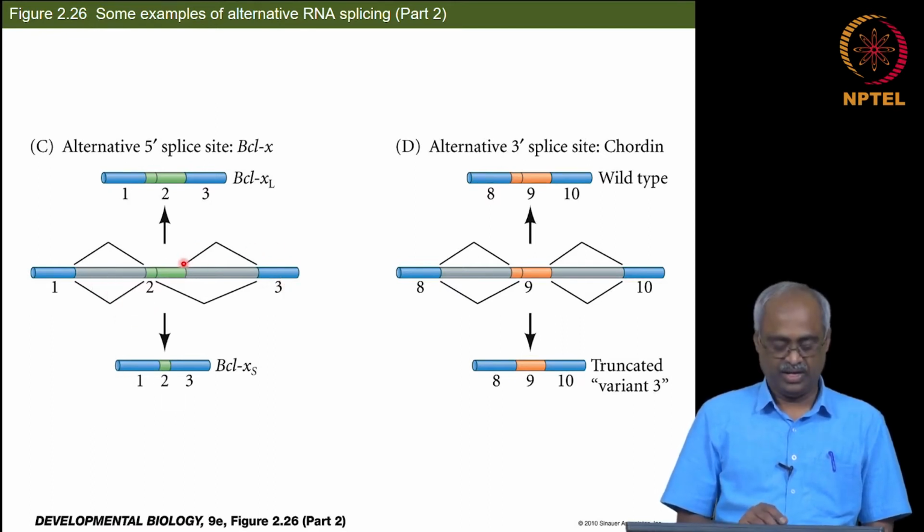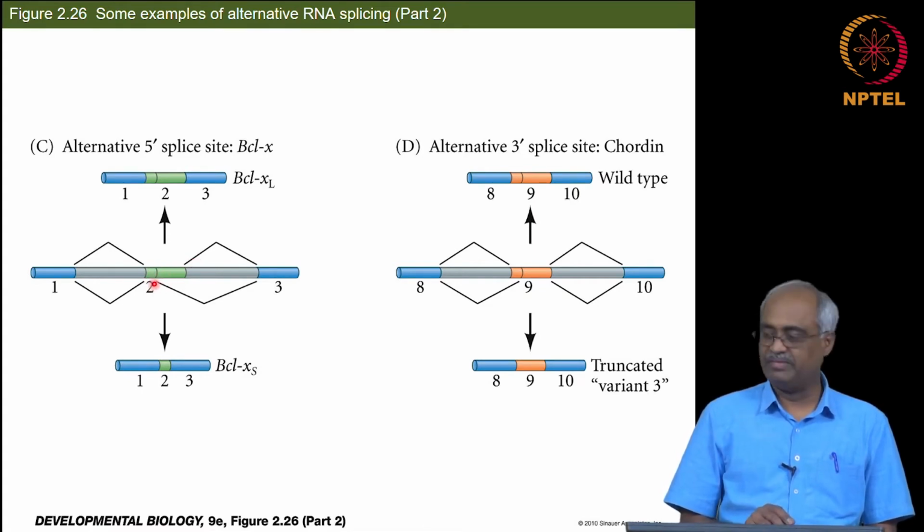In one you have the full exon 2 included because the splice donor starts after that. In the other one, somewhere at the beginning of this exon itself you have a splice donor, and as a result bulk of exon 2 is excluded when that splice site is used, okay.